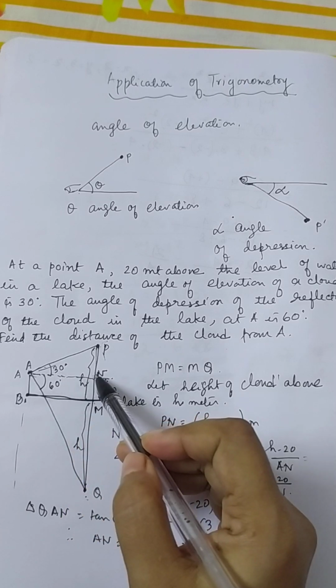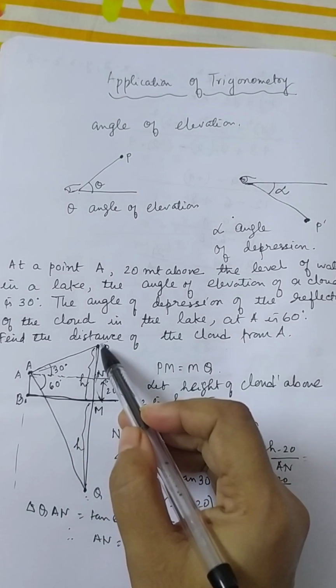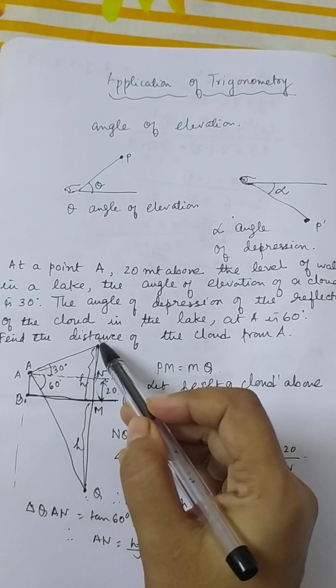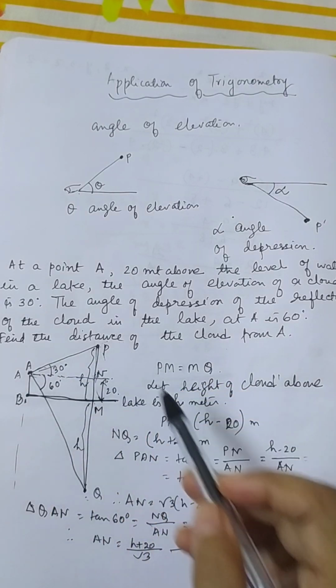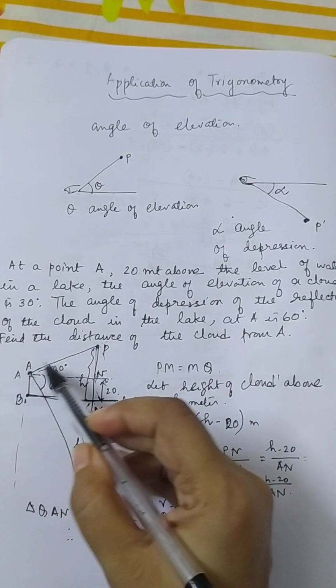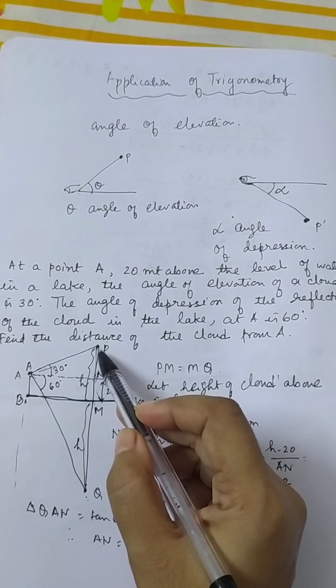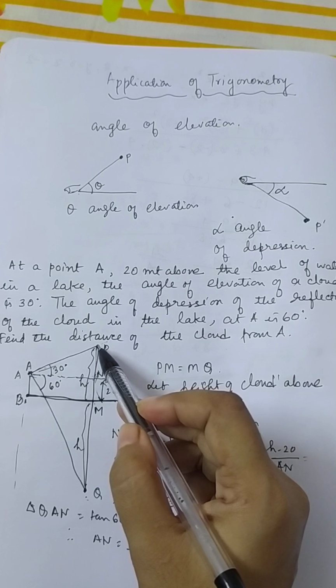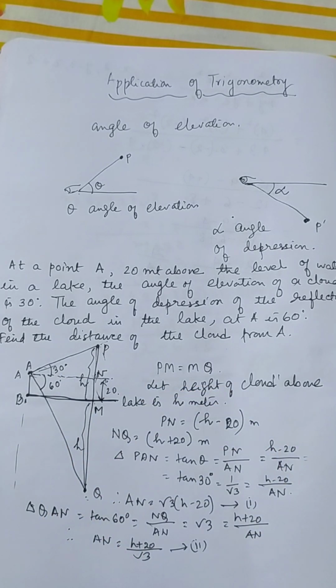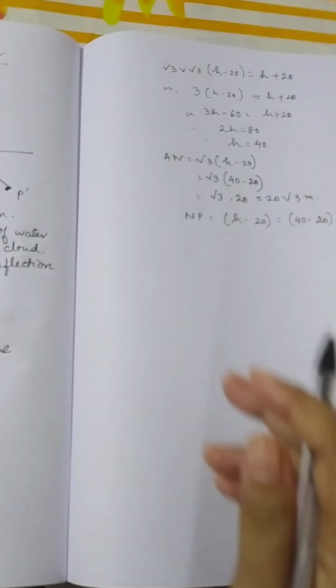Now AN we know and NP, that means PN we know, and it is a right angle triangle. So if AP is the hypotenuse, we can find it easily from the Pythagoras formula, giving us the distance of AP. So that is what I am doing here.